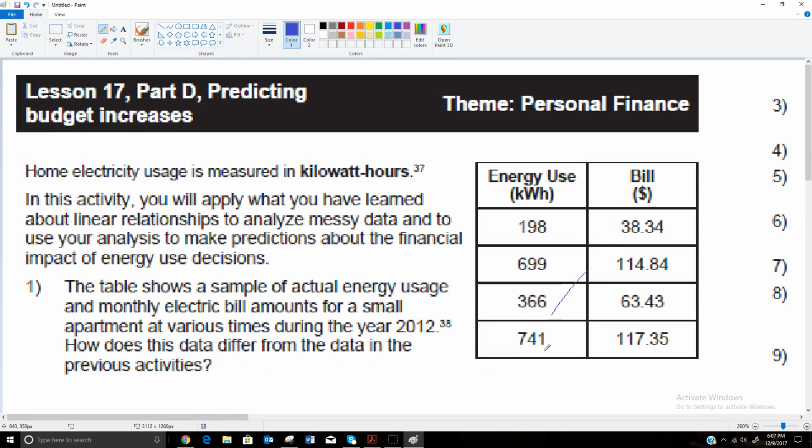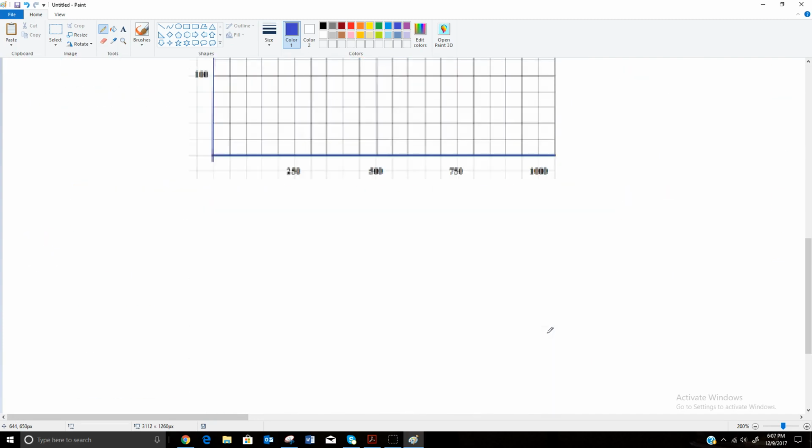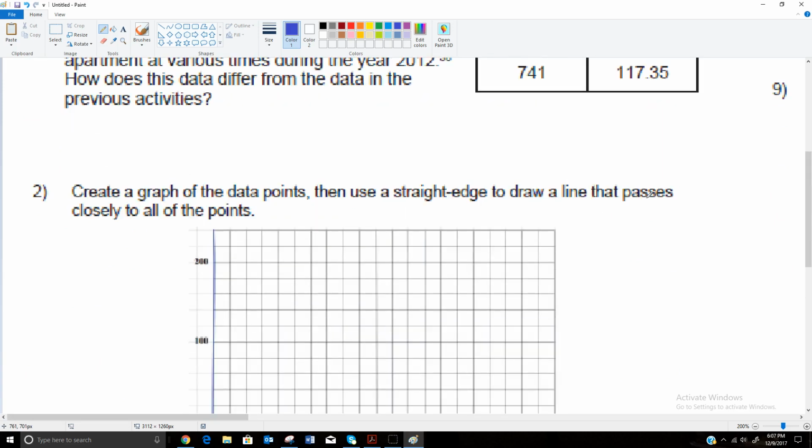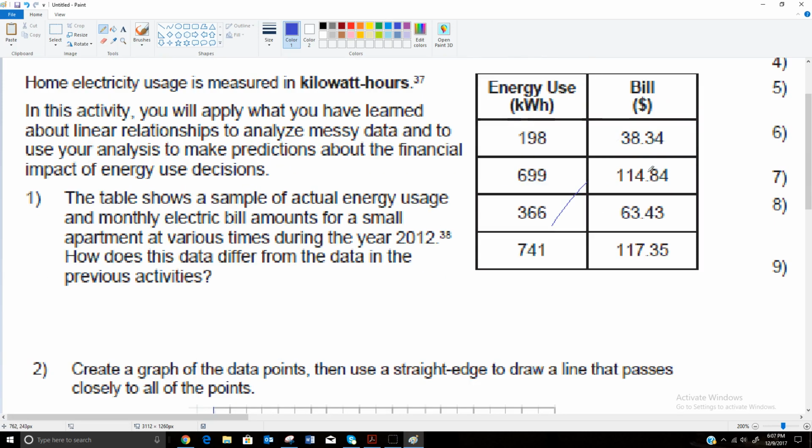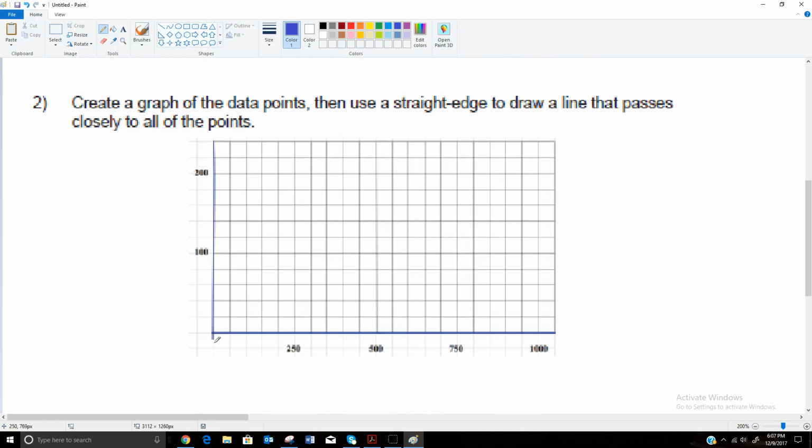We didn't need to get all the way up to 1,000. All right, we'll leave it the way it is. So 198 and 38.34. So these go by 50s. So this is 50, 100, 150, 200, 250.